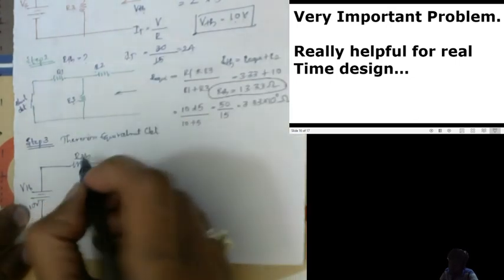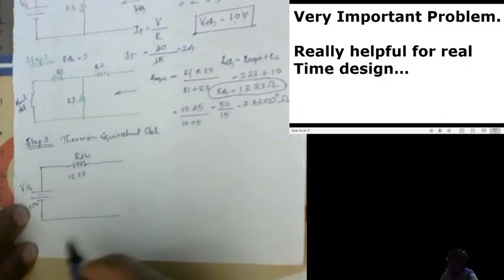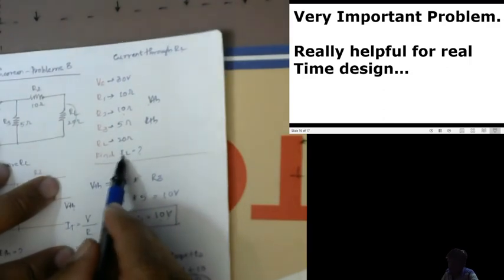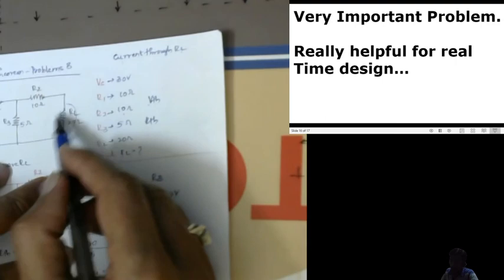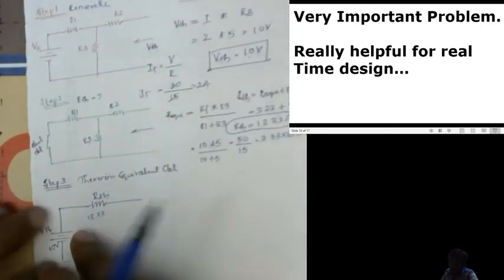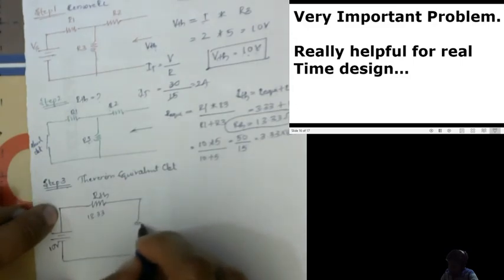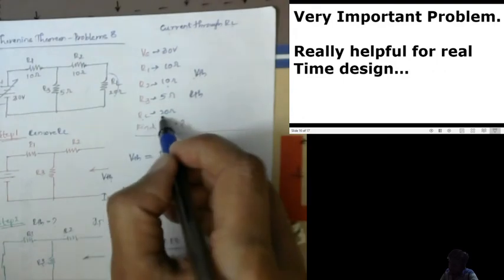The RTS value is 13.33. Okay, now you need to find the load current. In order to find the load current, you need to connect the load resistor in this circuit. So it becomes like this. The value of RL is 20.